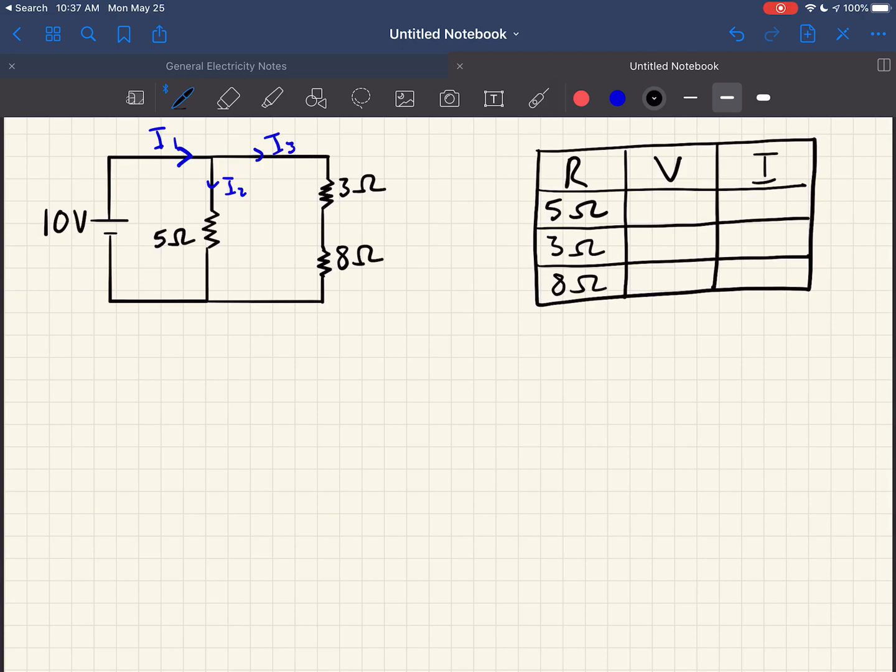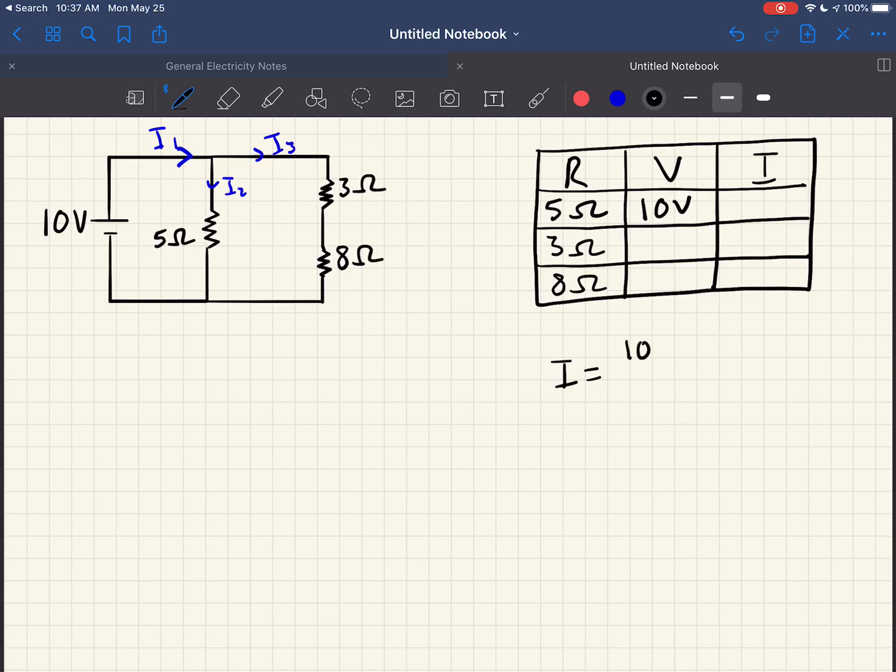And I know right away that the 5 ohm resistor, like I just said, has to be 10 volts. So now when it comes to I for that, we can actually calculate it straight away, right? I can use Ohm's law and apply it just over this resistor right here. So let's go ahead and do that. I for that resistor should be V over R. I'm just applying Ohm's law, V equals IR.